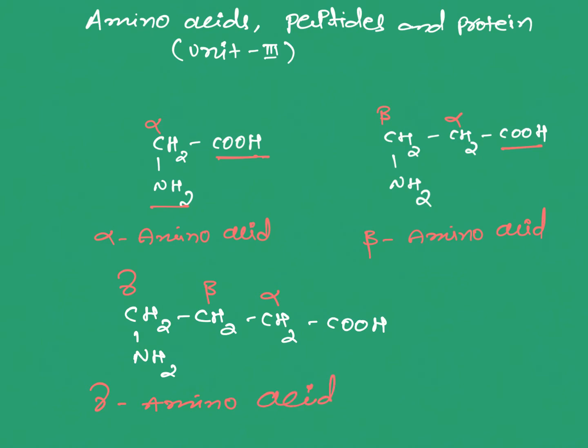So like this we have different classes of amino acids, but in this chapter we are mainly focusing on alpha amino acids, because most of the proteins, when we hydrolyze, give alpha amino acids, which have importance.